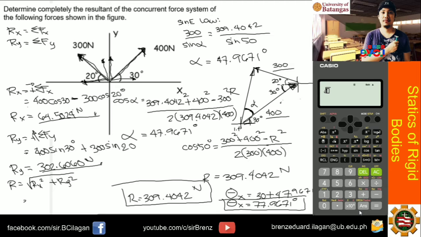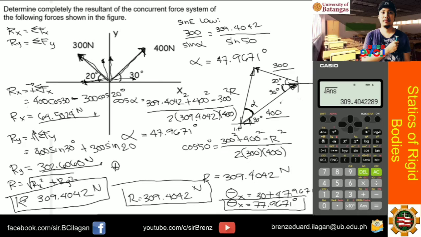So 309.4042. That is the value of your resultant. If you compare it to the answer from the graphical method, it is the same. Now let's compute the value of theta.